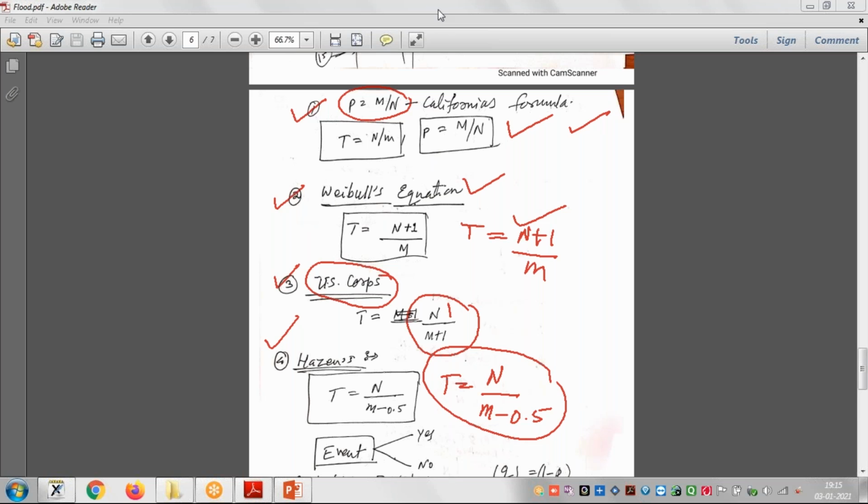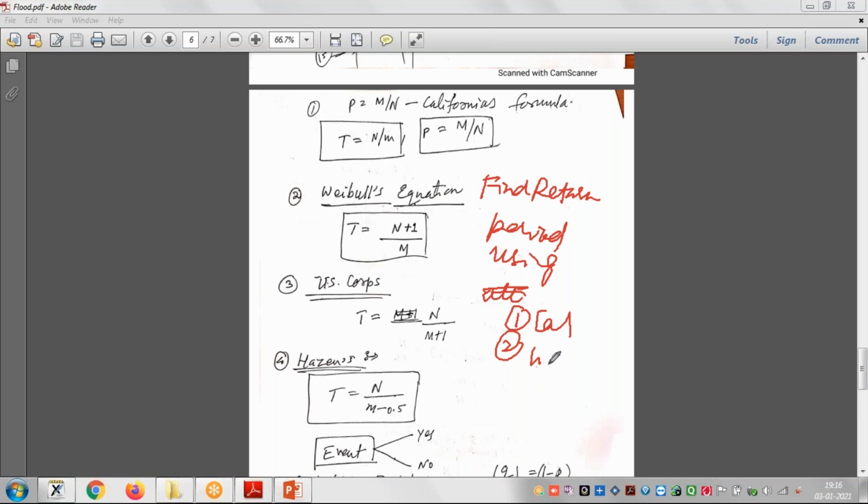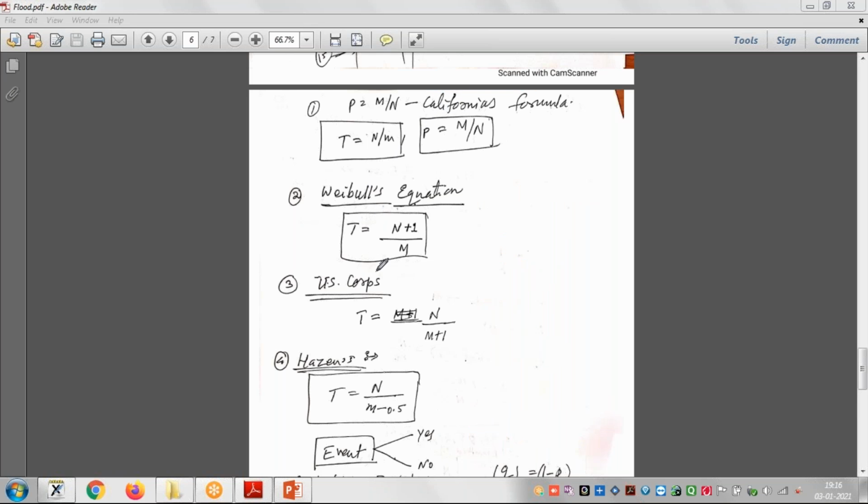Suppose I ask you in the paper, find the return period using California formula, using Weibull's formula, then using US Corps formula, and using Hazen formula. So you should remember these formulas.